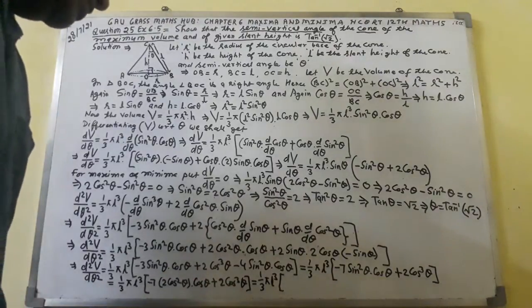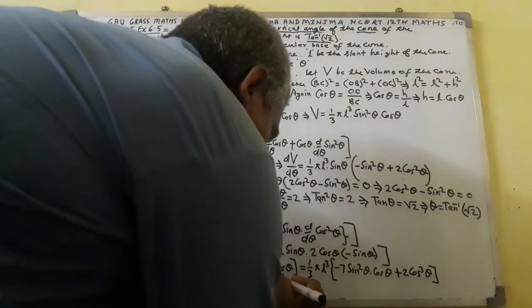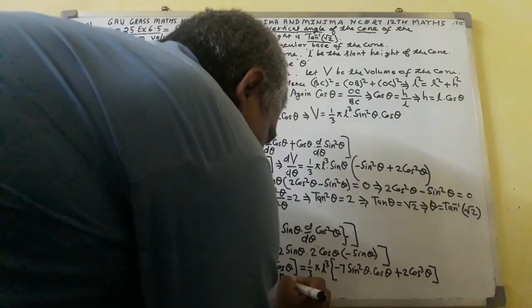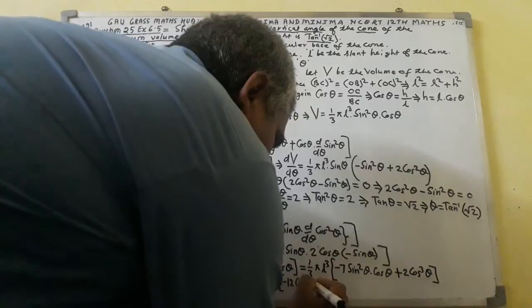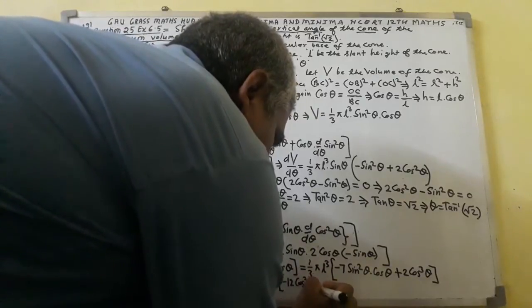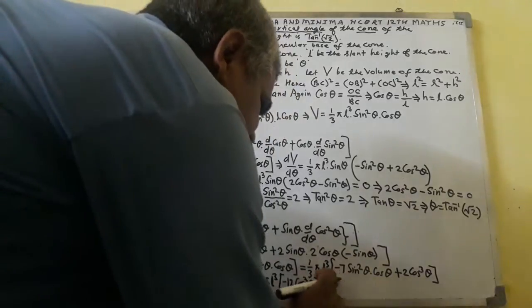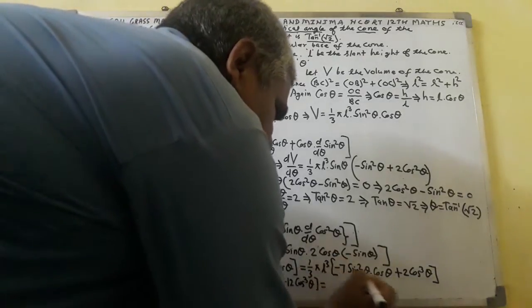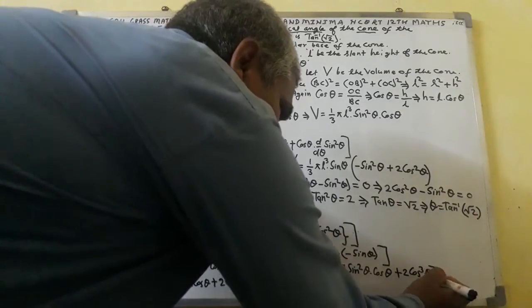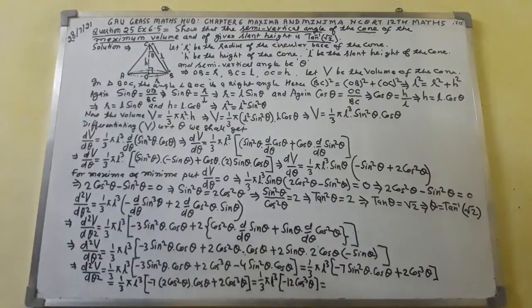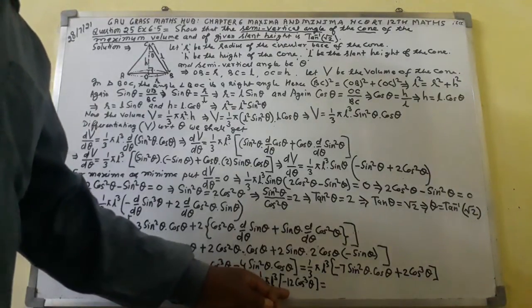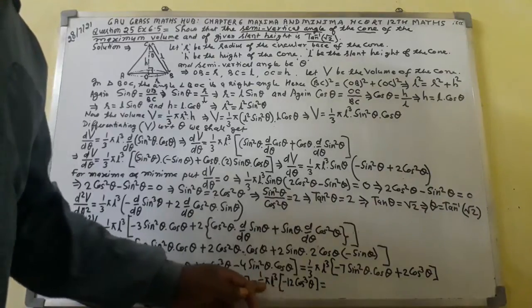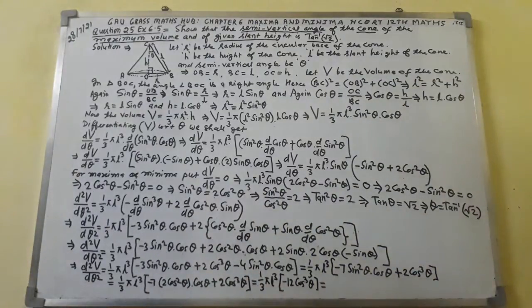We will get here minus 12 cos cube theta equal to, 12 will be divided by 3 comes out to be 4.